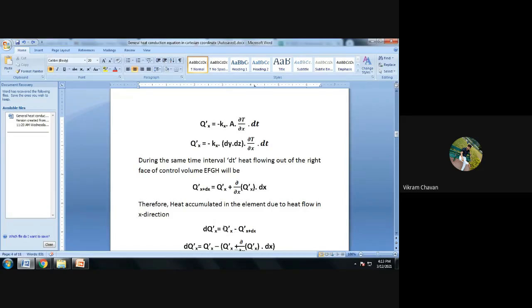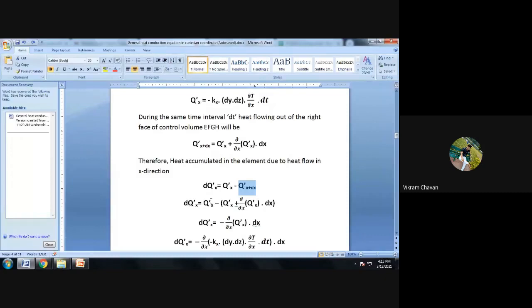That is q dash suffix x amount of heat entering the element through face ABCD, and q dash suffix x plus dx amount of heat leaving through face EFGH. The difference between them will provide you the net amount of heat accumulated inside the element in the x direction.